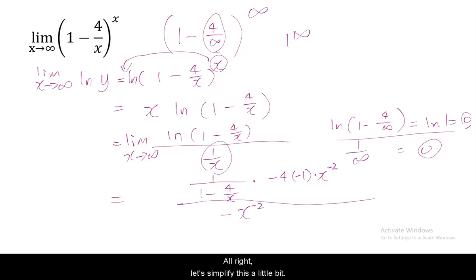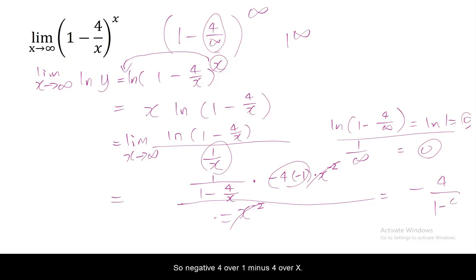All right, let's simplify this a little bit. We both have x to the negative 2. We can cancel that out. So this is a positive 4. Then you have a negative sign here. So negative 4 over (1 minus 4 over x).